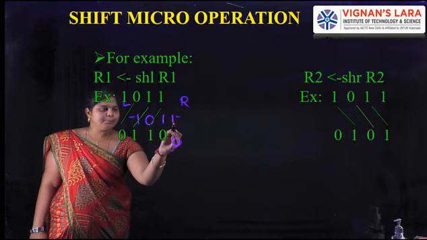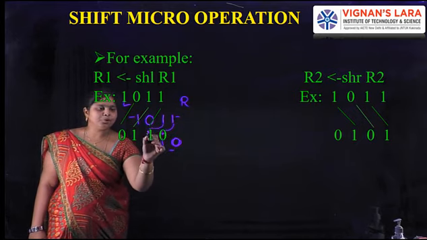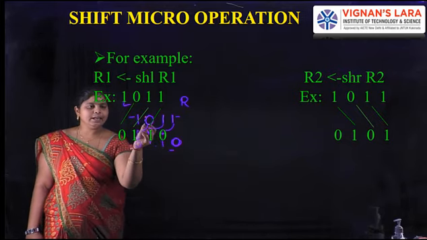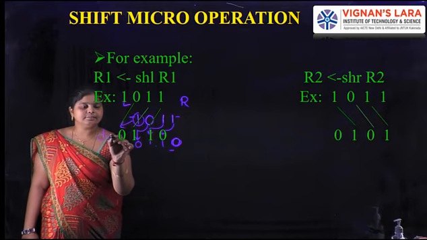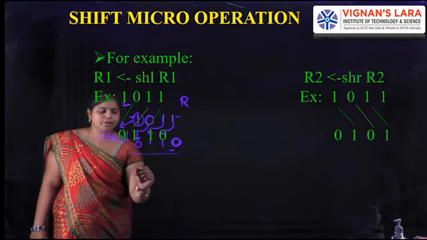Next, the bits are transferred one position to the left side. Here the 1 is discarded.